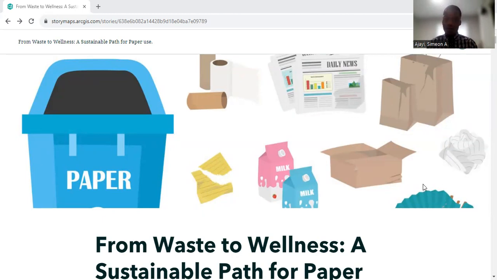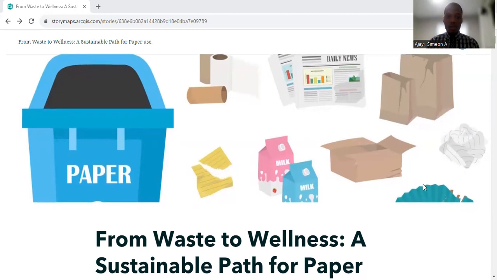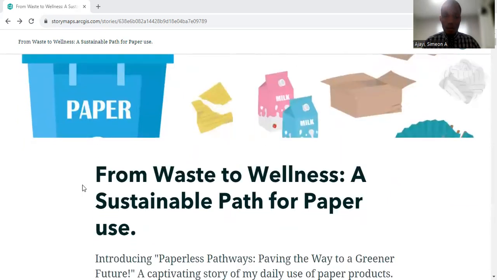So this serves as a capture of all the possible sources of paper product, and those are the paper products that I actually worked on in my semester project. On the left here we can see a waste bin, which is tagged paper, to show that the waste bin is meant for disposal of paper.